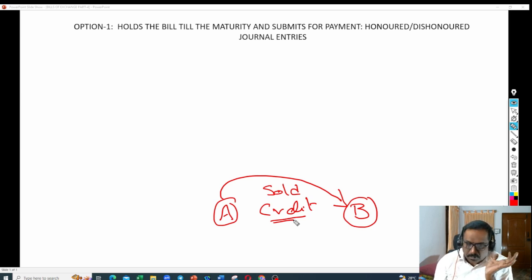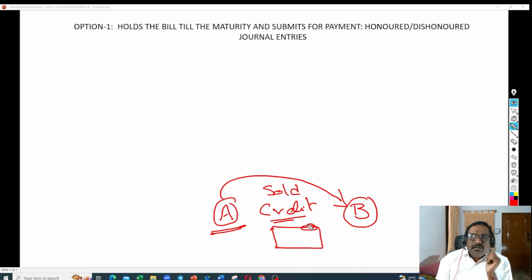Now, as I said previously, once the goods are sold, who will write the bill? The person who sells the goods will write the bill. So A will write the bill. He writes the bill with today's date, saying, and this is not the language they use, but I'm just giving you an example in local language so that you can easily understand: Mr. B, I sold goods worth so and so.